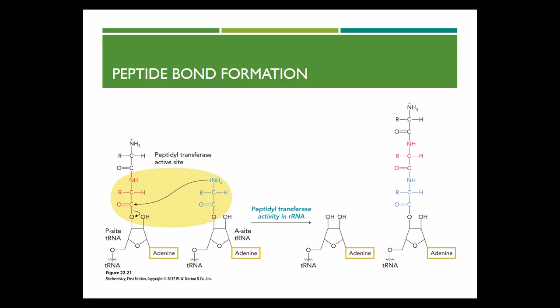Now that we have an aminoacyl transfer RNA in the P site, and there is an aminoacyl transfer RNA in the A site, these two neighbors can start to interact and form your peptide bond. To begin, we have the A site containing an aminoacyl transfer RNA, and the P site contains a formyl methionine transfer RNA.